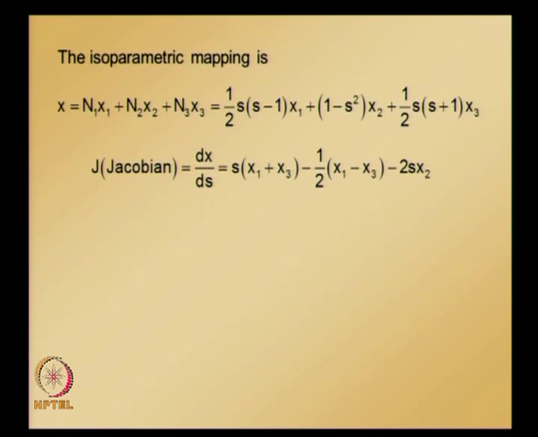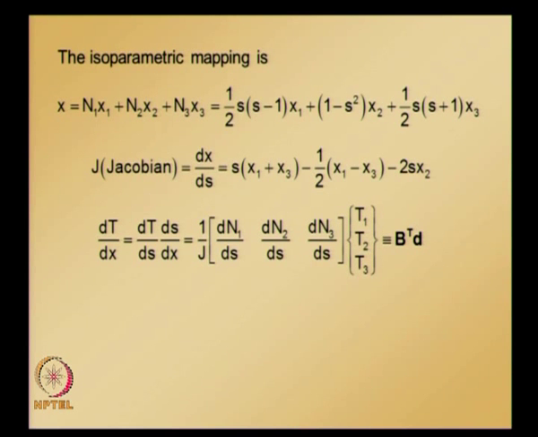and we require this Jacobian or inverse of Jacobian, because we require to calculate the first derivative of the field variable with respect to x, which can be written as dT over ds times ds over dx.